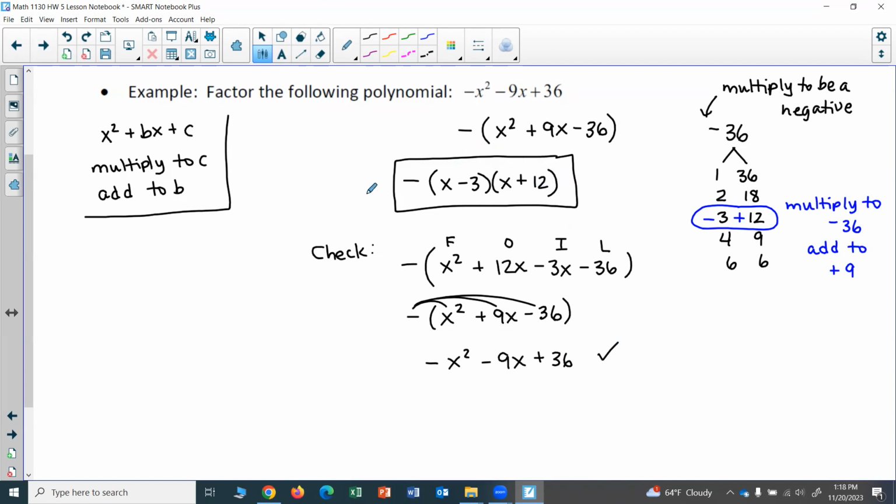And so I know that this is the correct answer. Negative and then parentheses x minus 3, close parentheses, times x plus 12. So anytime you have a negative leading term, you factor out the negative and then proceed to factor from there.